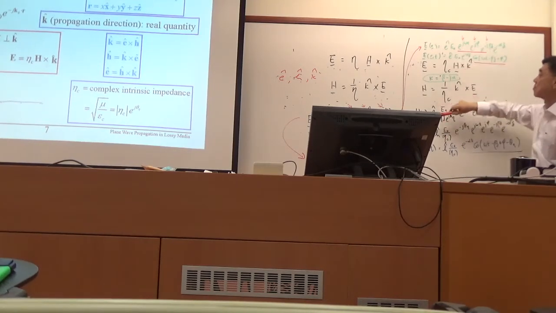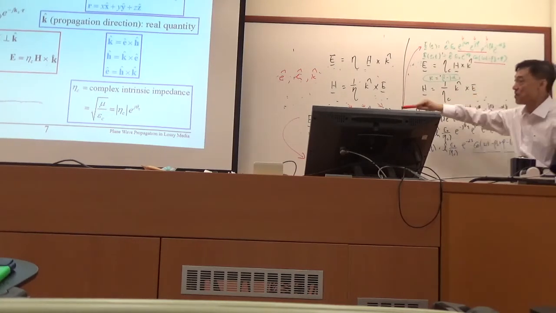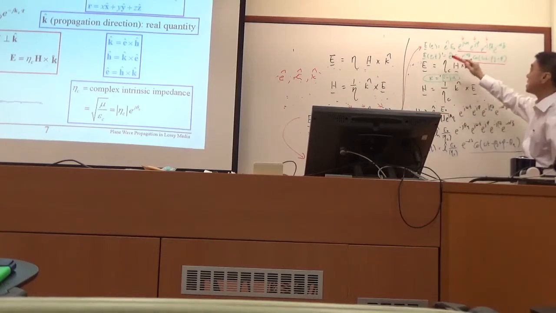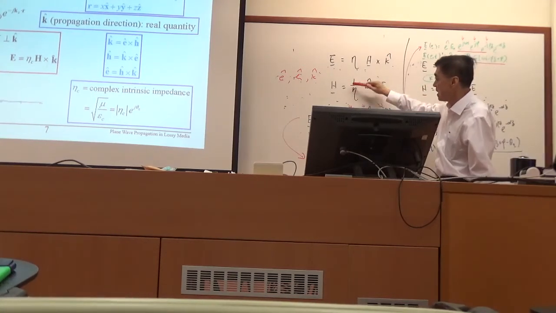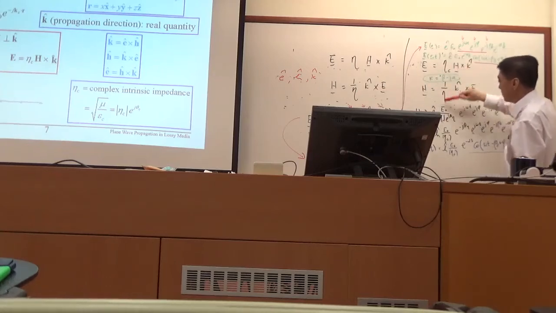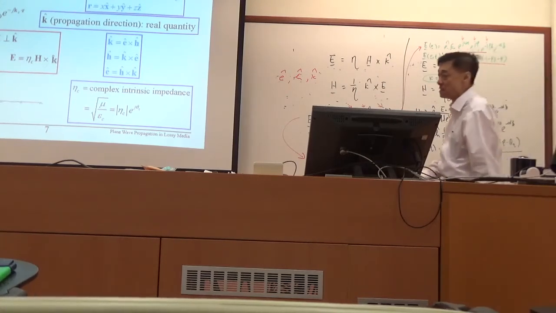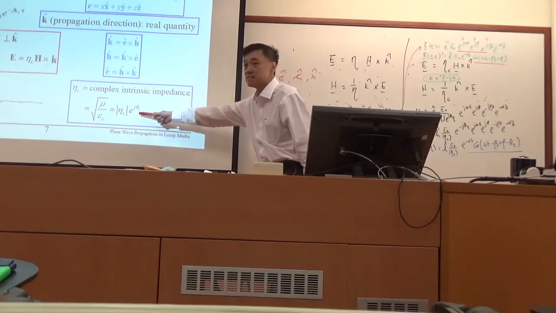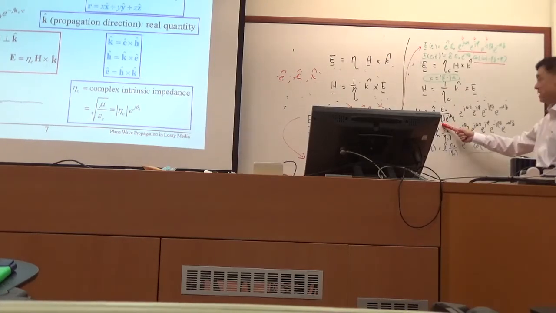Now then H. The same thing. E becomes H here, the polarization becomes H here. Now my E naught is divided by zeta c, and zeta c is complex. So zeta c has a magnitude and a phase angle.